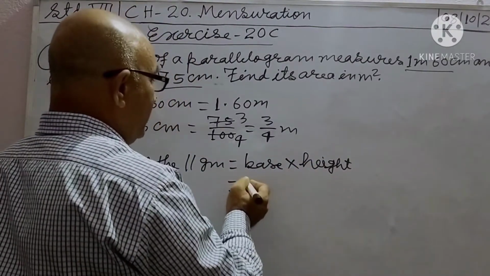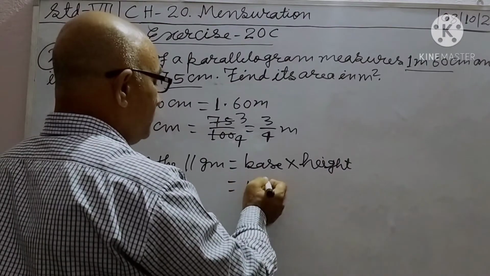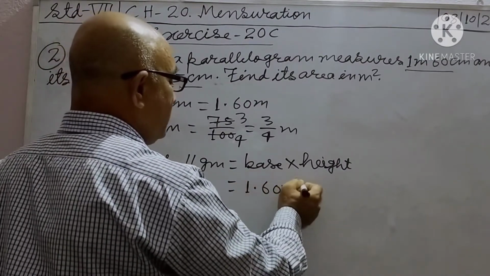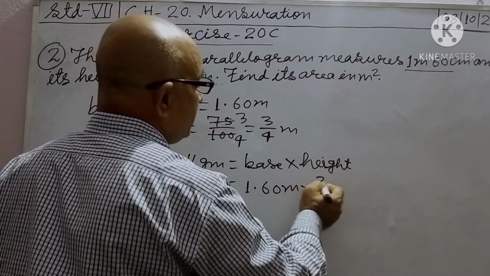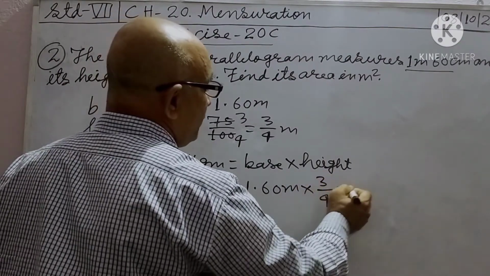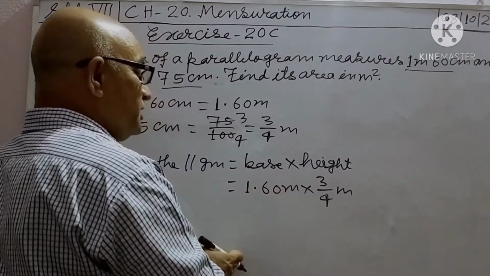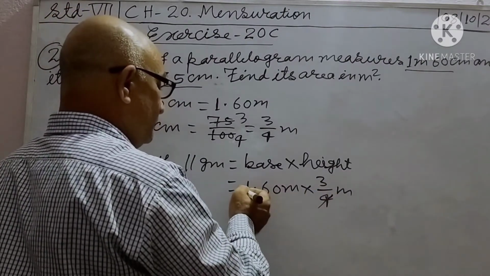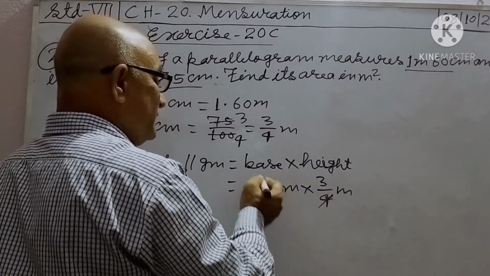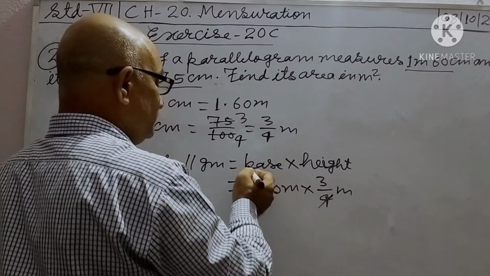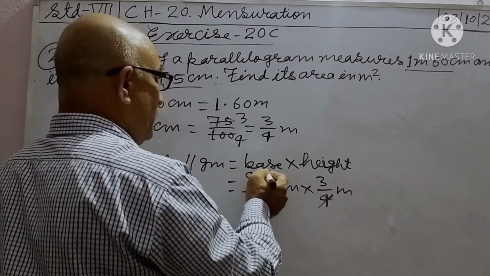Base into height equal to 1.60 meter into 3 by 4 meter. 1.60 divided by 4, 4 fours are 16, so 0.40.